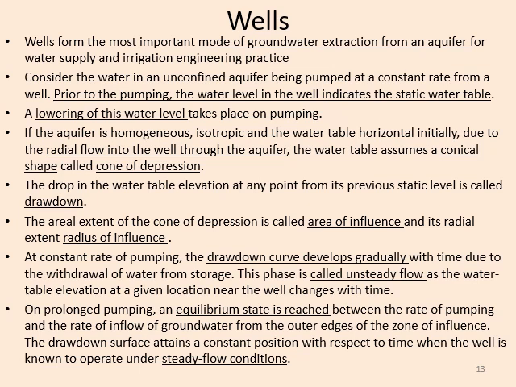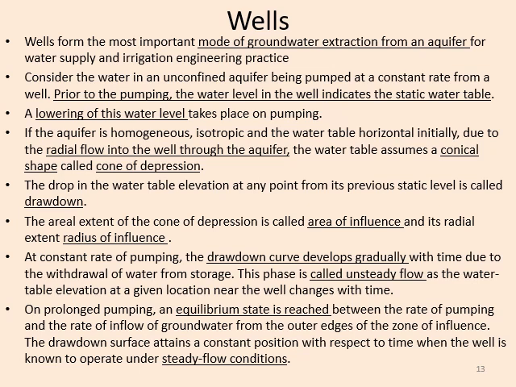Due to the radial flow into the well through the aquifer, the water table assumes a conical shape named the cone of depression. So if we consider the aquifer is homogeneous, isotropic, and the water table is at a horizontal level, and pumping is going on, then from the surrounding aquifer water will flow radially into the well.